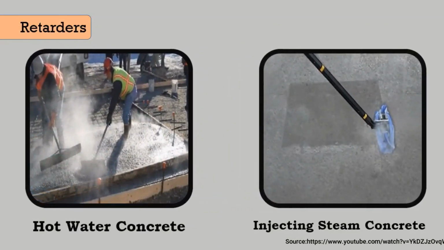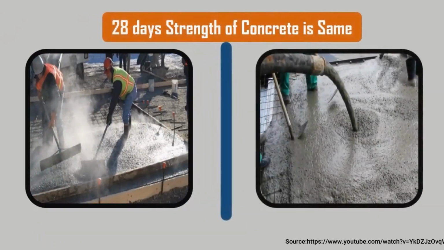It is also used when hot water is to be mixed in the concrete. For injecting steam, it is also used, and it does not affect the 28 days strength compared to normal concrete.